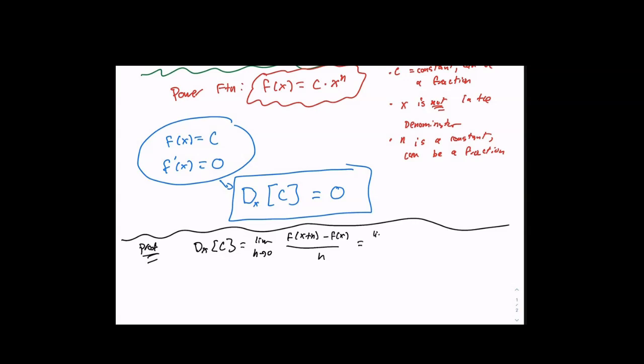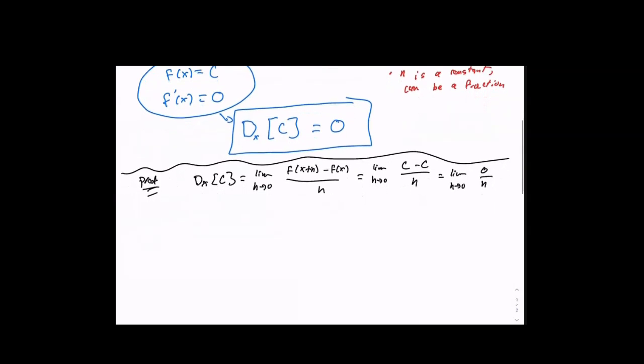So this is the limit as h approaches 0 of c minus c all over h, because f of x plus h is still c, and f of x is still c. That gives me the limit as h approaches 0 of 0 over h, which is the limit as h approaches 0 of 0, which is 0.